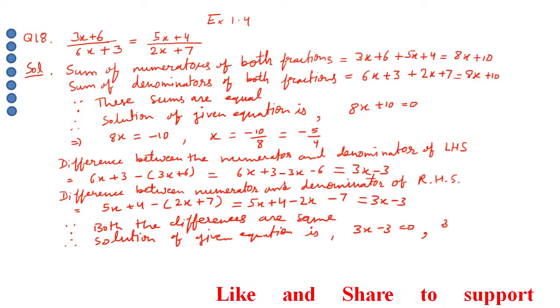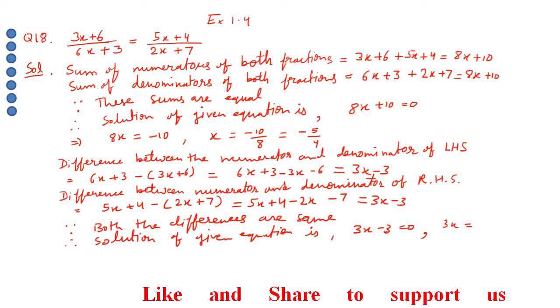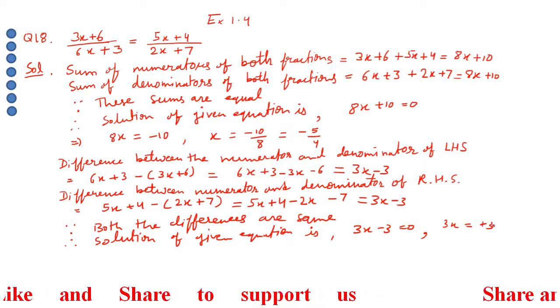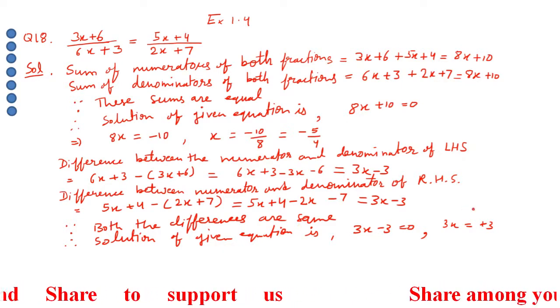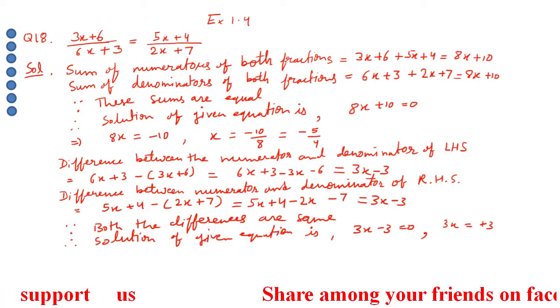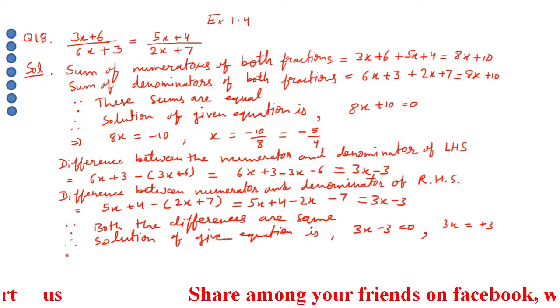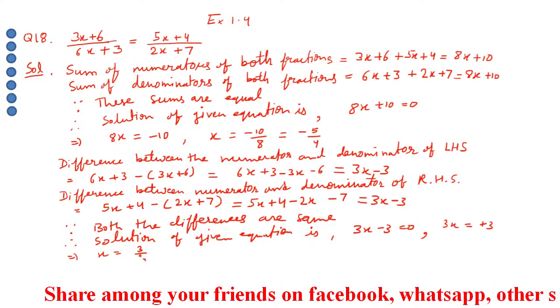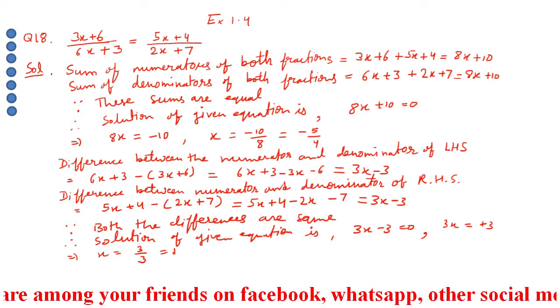That will give us 3x is equal to, this 3 is negative, so it will shift here and become positive 3. Now this 3 will also go here; since 3 is multiplied, when it shifts down it will divide. So we get x is equal to 3 upon 3. When you divide, you get the answer 1.